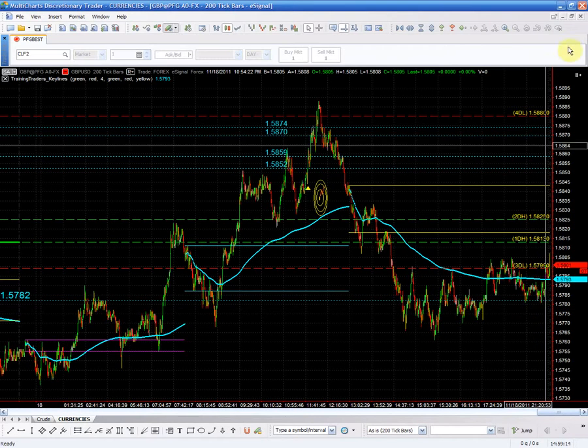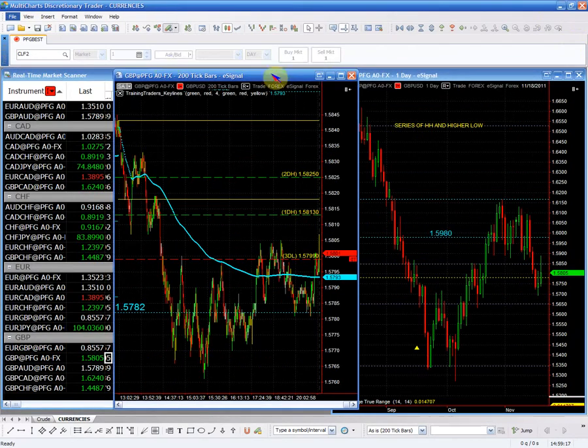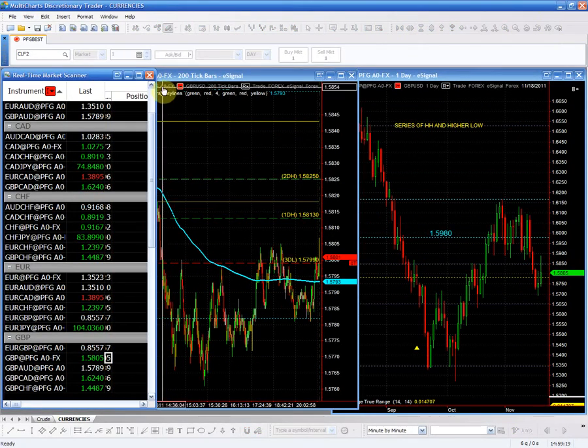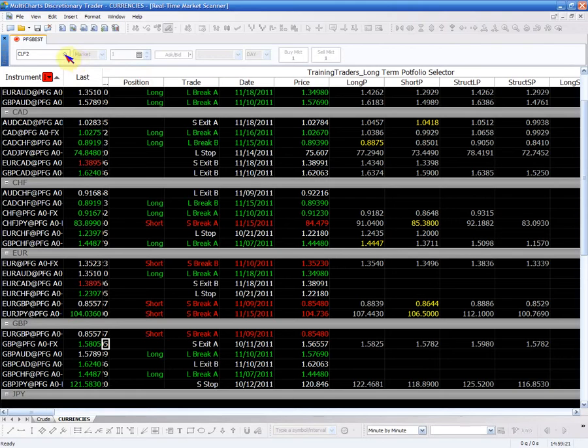Okay, so the British pound, we're going to be buying the British pound above 158.25, and our structural long point is 159.80.